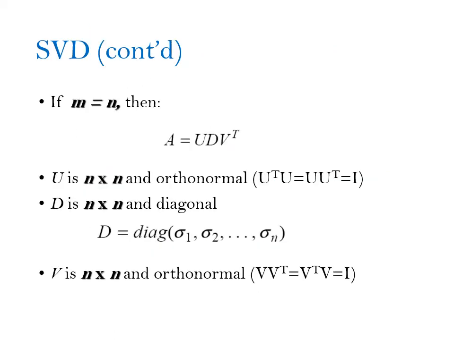If the columns and the rows are the same, A will be equivalent to U D V transpose, and U will be N by N, D will also be N by N, and V will also be N by N.